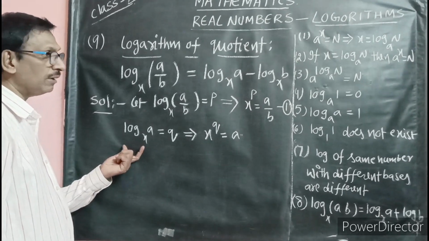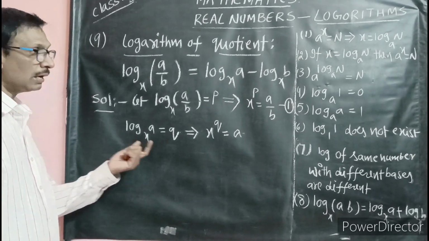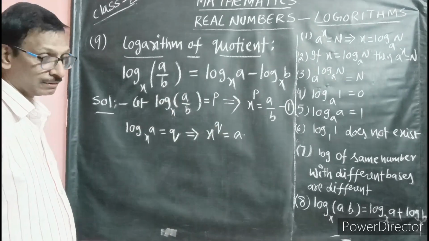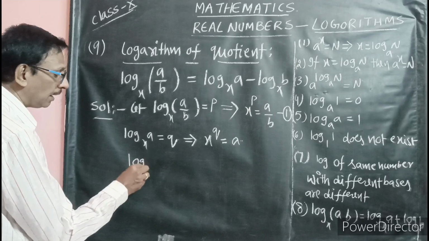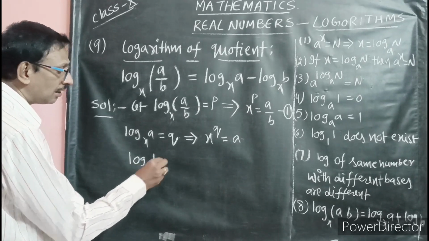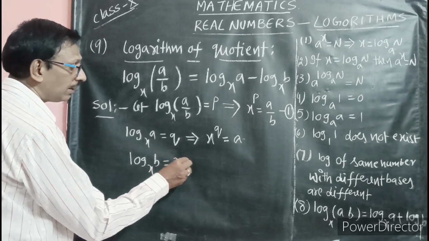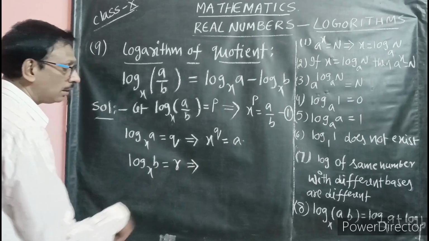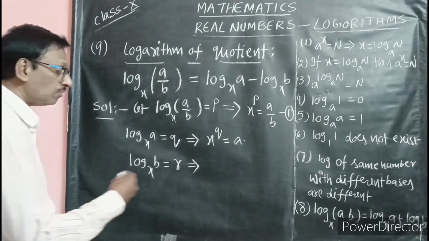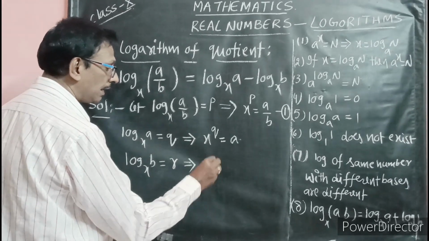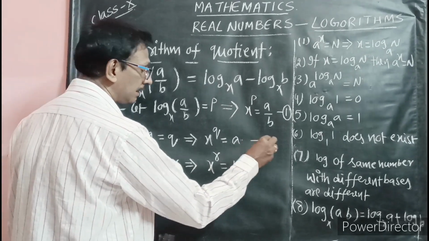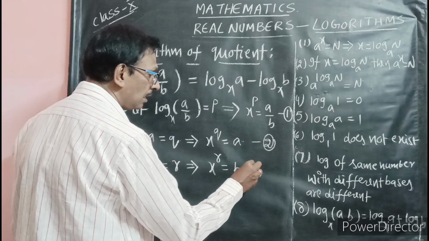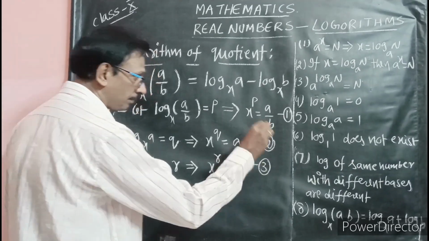Every logarithmic form we are converting into exponential form. Now the third number, log B to the base x, we equate to some letter R. Writing the exponential form, we get x to the power of R is equal to B. This is the second equation and this is the third equation.